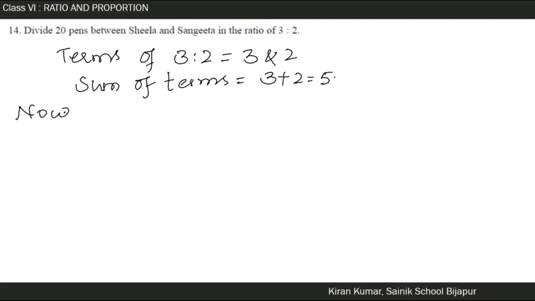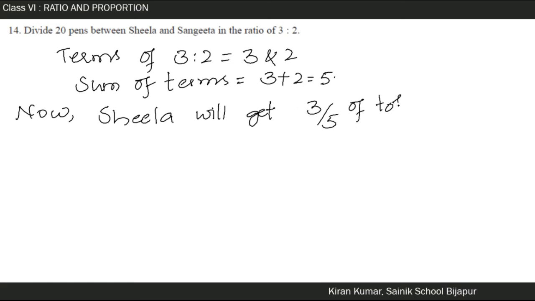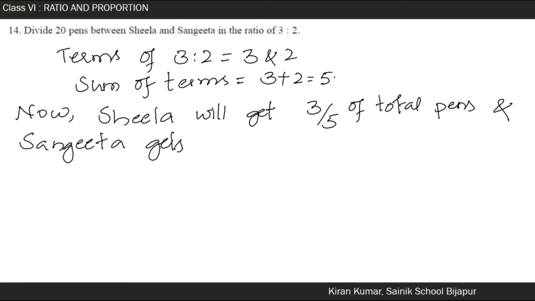Now, Sheila will get 3 by 5 of the total number of pens, and Sangeeta gets 2 by 5 of the total pens.